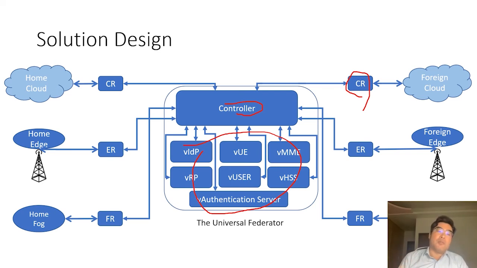So for each provider, the idea is this: if a provider wants to join the federation, regardless of whether it is a cloud, edge, or fork, I only need to add a relay, cloud relay, edge relay, or fork relay, and then connect it to my universal proxy or universal federator, and then it comes here.